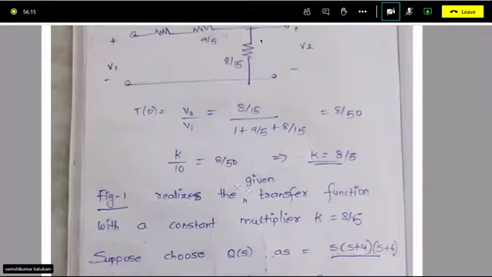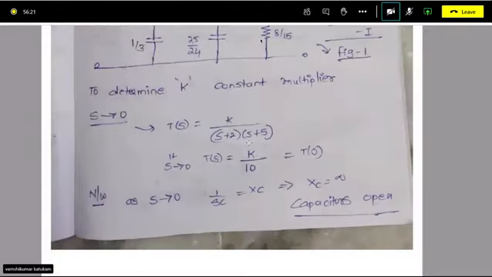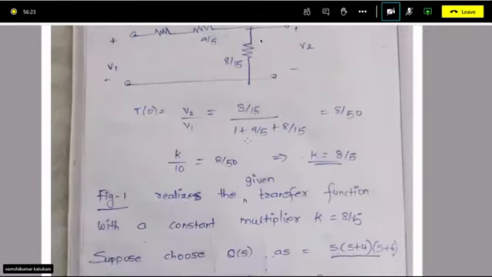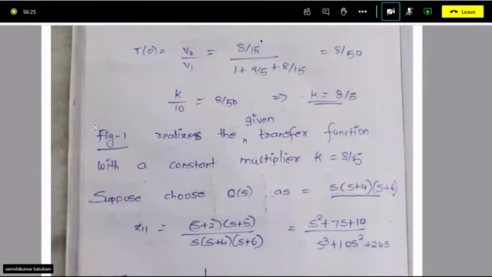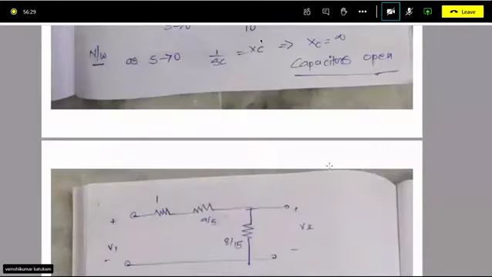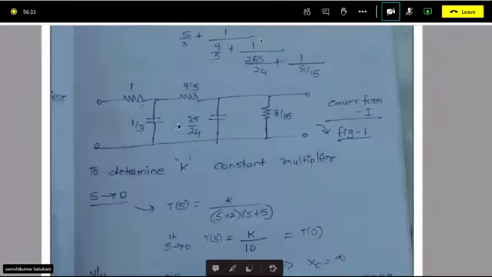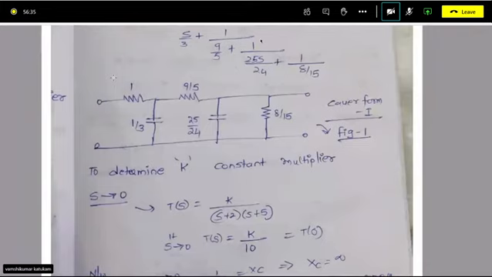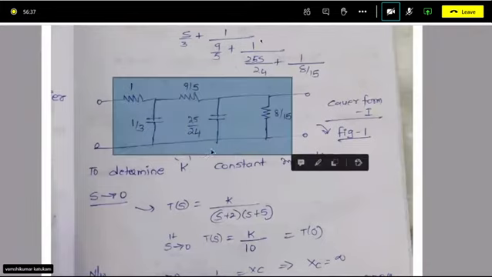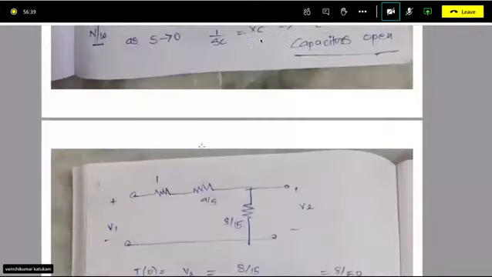So whatever the transfer function given to us, K by (s plus 2)(s plus 5), can be realized with the figure 1 with a constant multiplier K equal to 8 by 5. Okay. So this is your synthesized network. But what is the constant value? K is equal to 8 by 5.